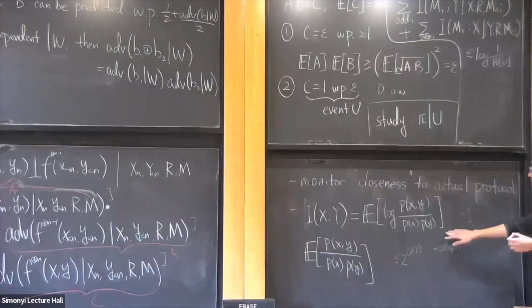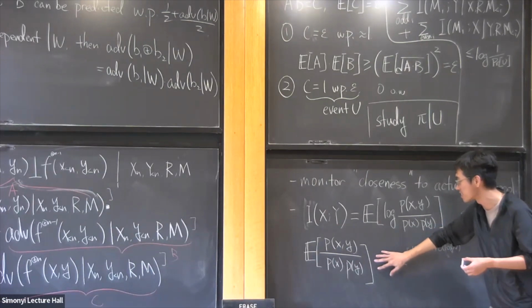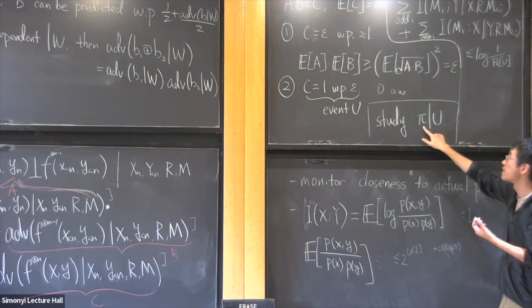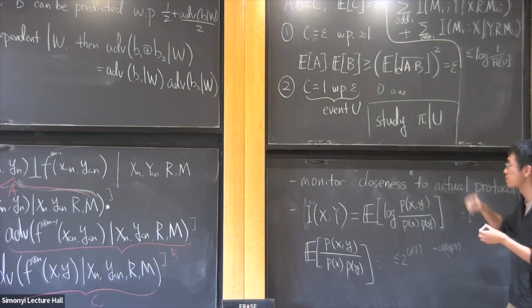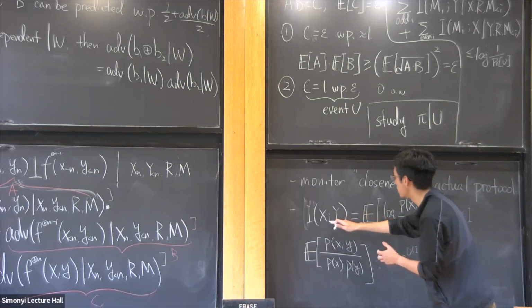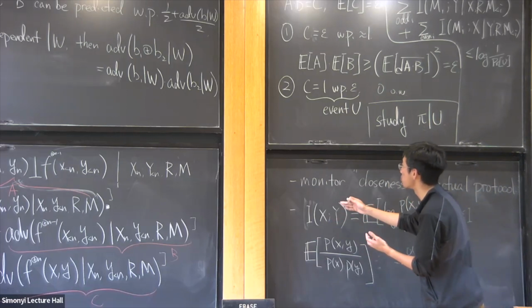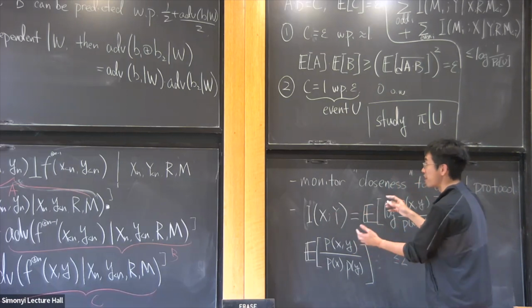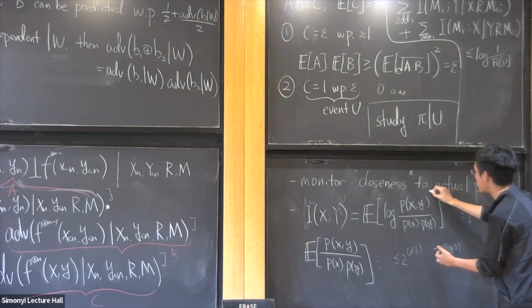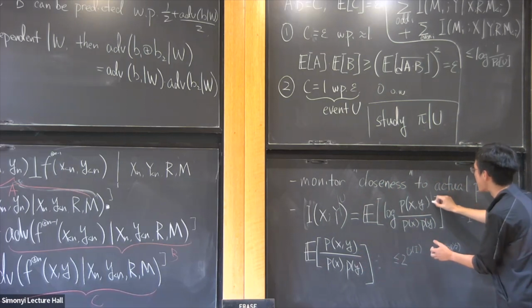And also here, I guess, why do we need to remove this log to work with this notion instead of the mutual information? This is because suppose pi is some protocol, and if we condition on some small probability event, then when we measure the information cost of some two random variables, if we add a condition here, it's adding something here.